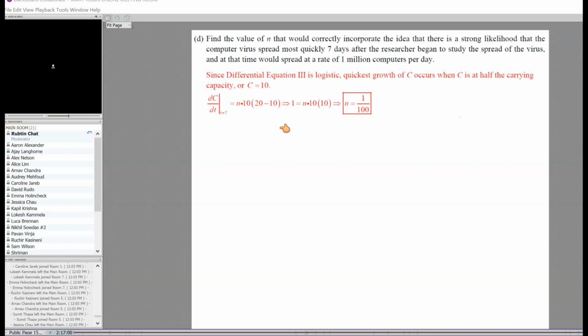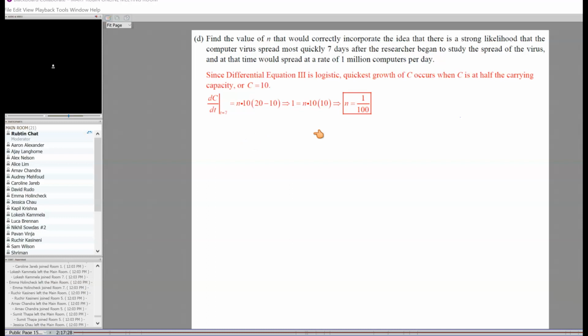So, where did this come from? 1 million computers per day. I lost my train of thought. But 20 was the carrying capacity. That means at C equals 10, that's going to be the place at which, on the C values, the computer virus is growing the most quickly, half the carrying capacity.